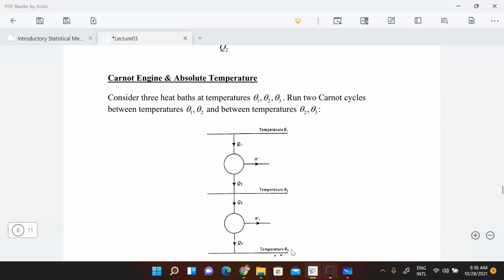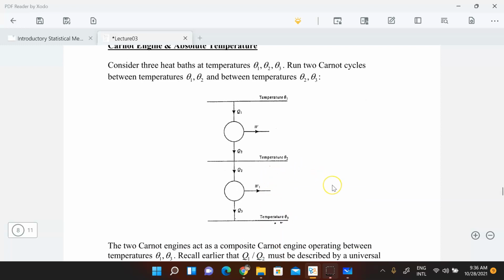So basically there are two Carnot engines coupled together in a sequence. So it's different from the one coupled before, which is actually in a cycle. So this is coupled in a sequence.